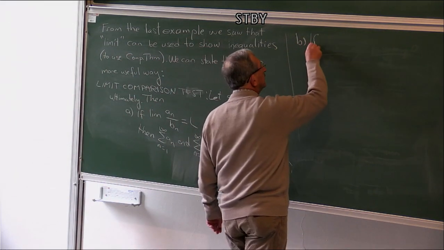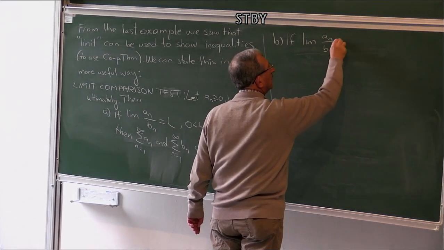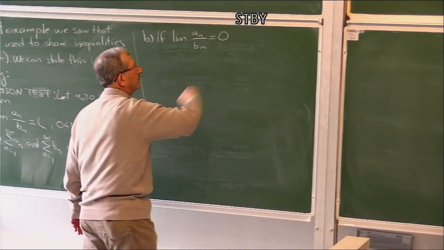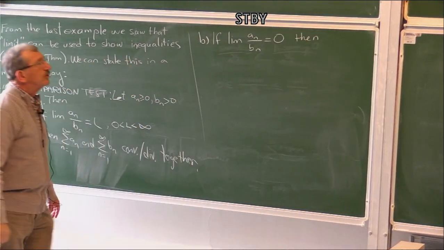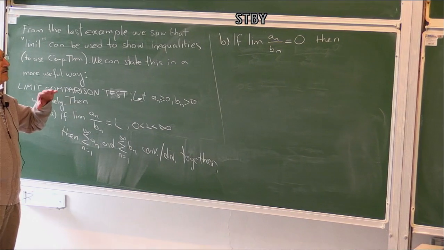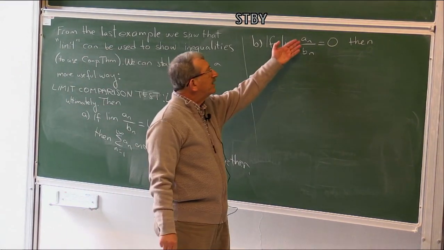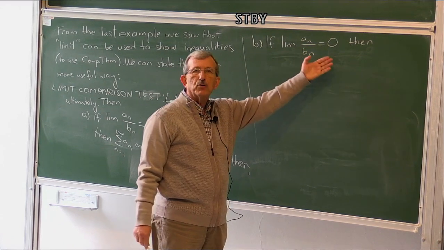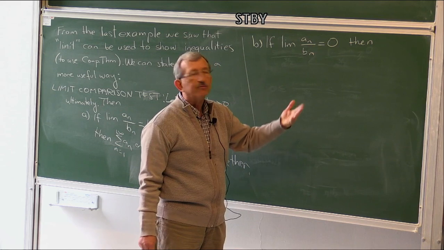If limit An over Bn is 0, this means, of course, that if you take epsilon 1, An over Bn is less than or equal to 1 after some n0.